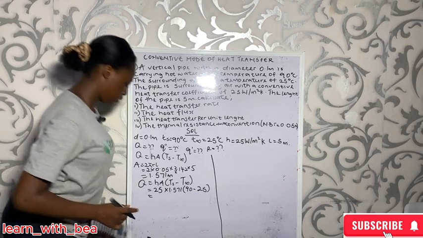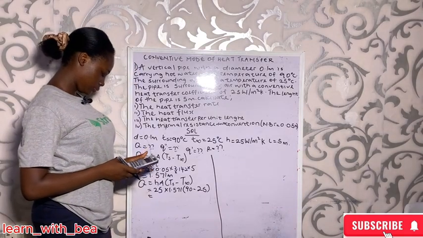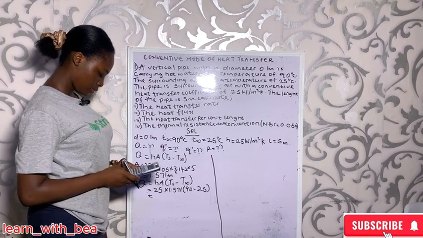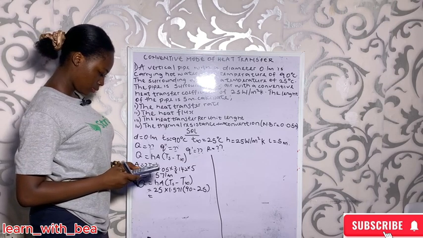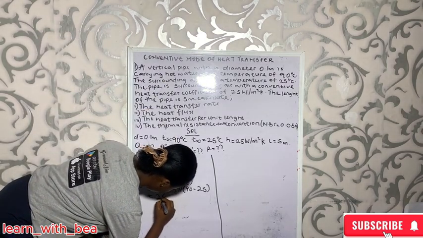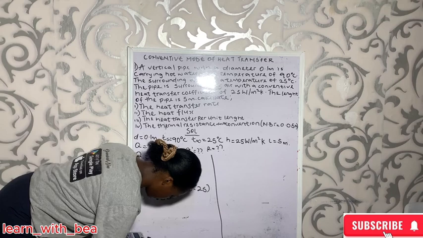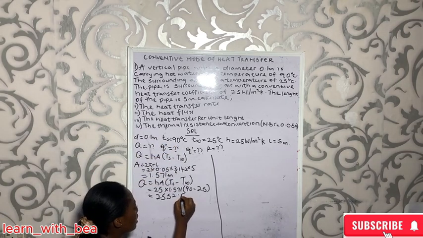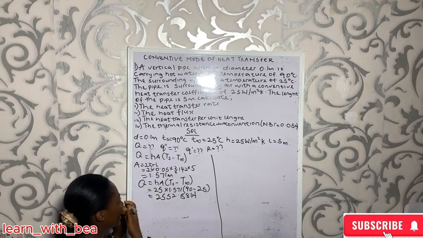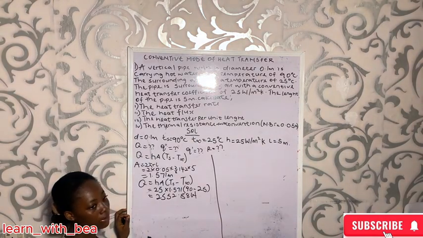So what is this going to give us? You have 2552.88 watts. Since we've gotten our Q, now let's calculate our heat flux.